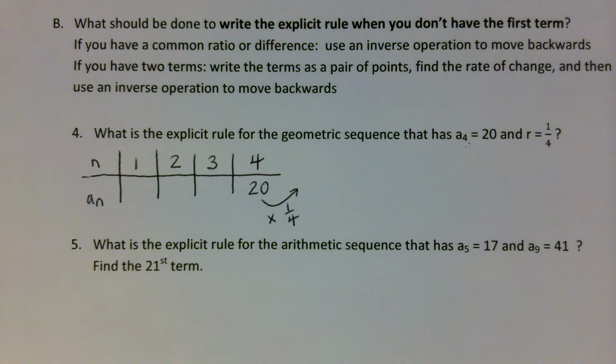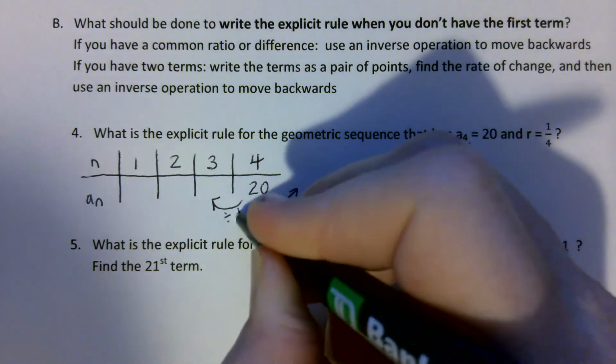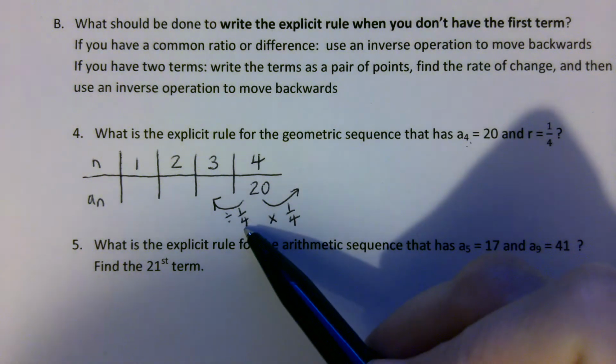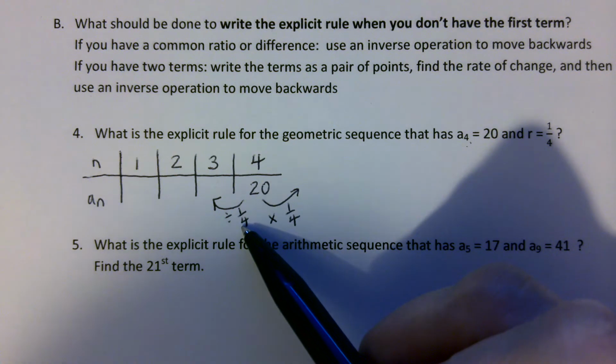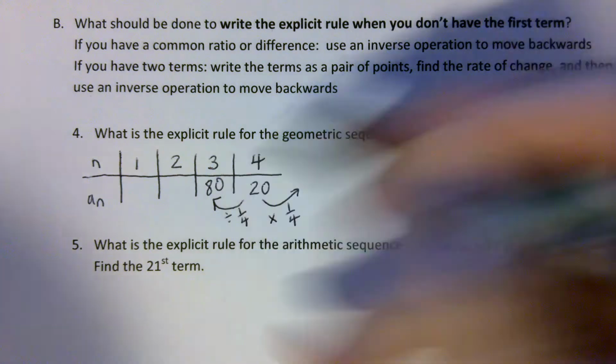So instead of going forwards, multiplying by 1/4, we go backwards. We divide by 1/4. But remember, dividing by 1/4 is the same as multiplying by the reciprocal, 4. So if I divide 20 by 1/4, it's the same as multiplying 20 by 4, and I get 80.